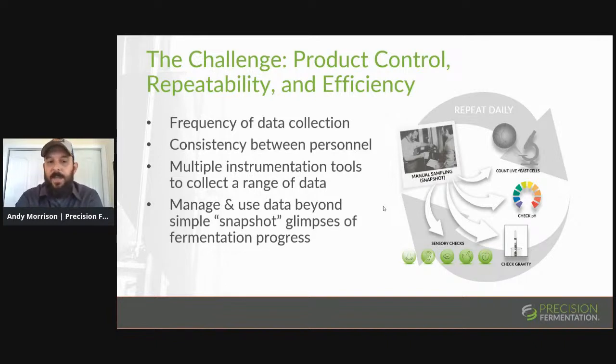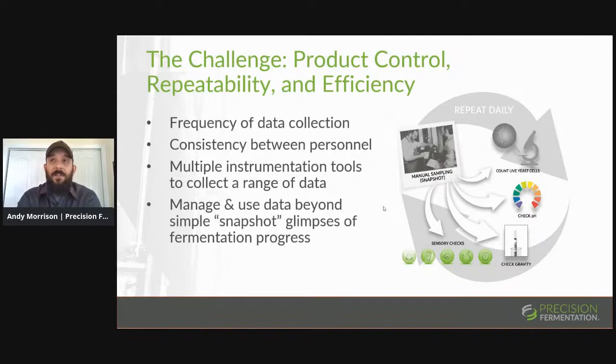From one person to the next, are you keeping it consistent? Then you've got all of the expense of the instrumentation, right? So in order to build out a true lab to monitor these things, you've got to have a whole store of different instruments to measure all the different pieces that you want to look at as you're doing that monitoring.